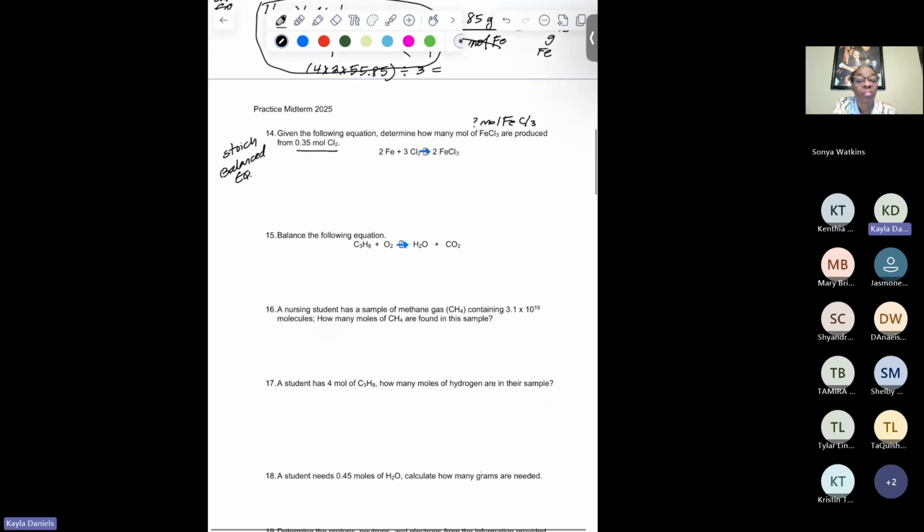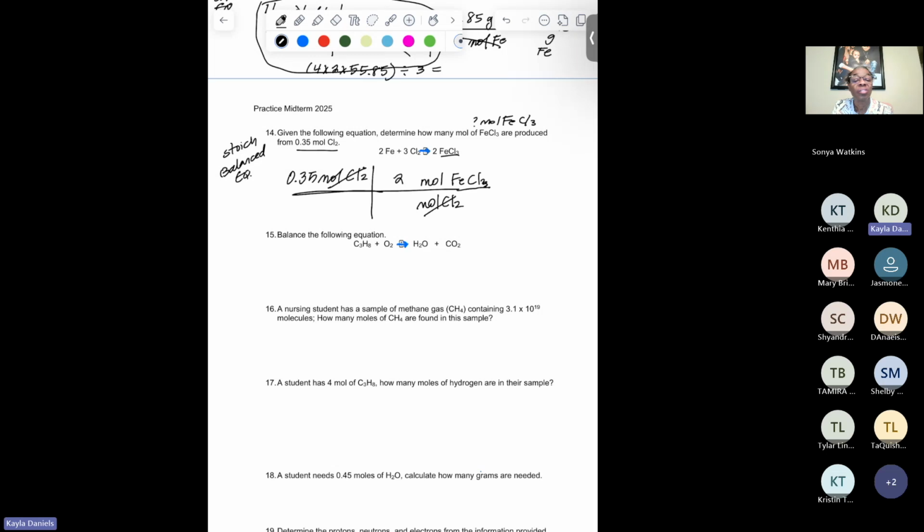So I can start with my given, 0.35 moles of Cl2 on bottom. This time, instead of going to iron, we're going to FeCl3. But the process is still the same, right? I want to cancel out my moles. I'm going to get the numbers from the balanced equation.